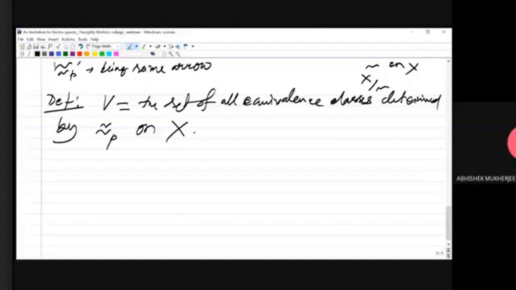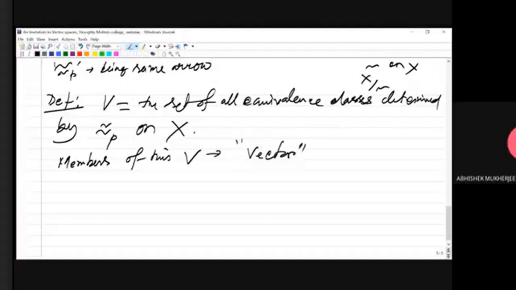And the members of this V will be called vectors in the space. Now, one thing I should mention is that I haven't defined the vector space. Just considering the axioms of Euclidean geometry, you can develop one example, and this is a classical one.